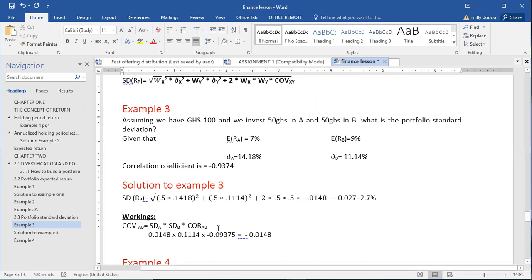Now, why is the correlation coefficient negative? At the beginning of the lecture, I told you that we build portfolios with investments that are inversely what? Related. So if the investments are inversely related, then therefore the correlation coefficient among the two must be negative.